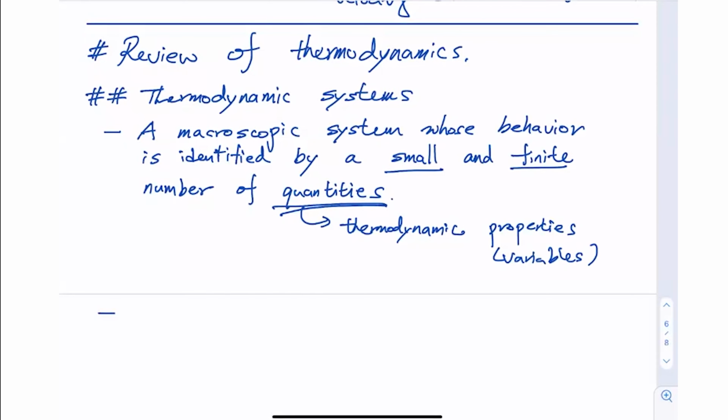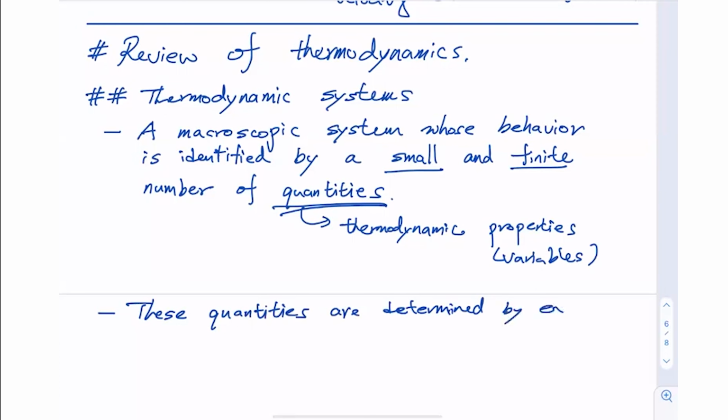And also these quantities usually are measurables, or they are determined by experiments. Okay.